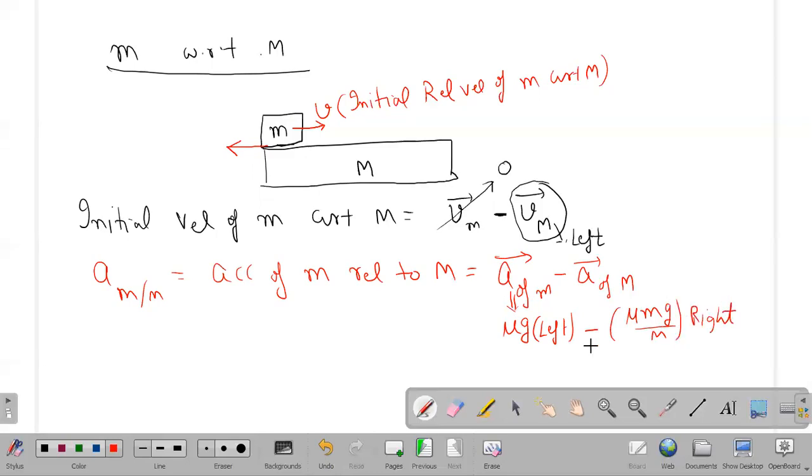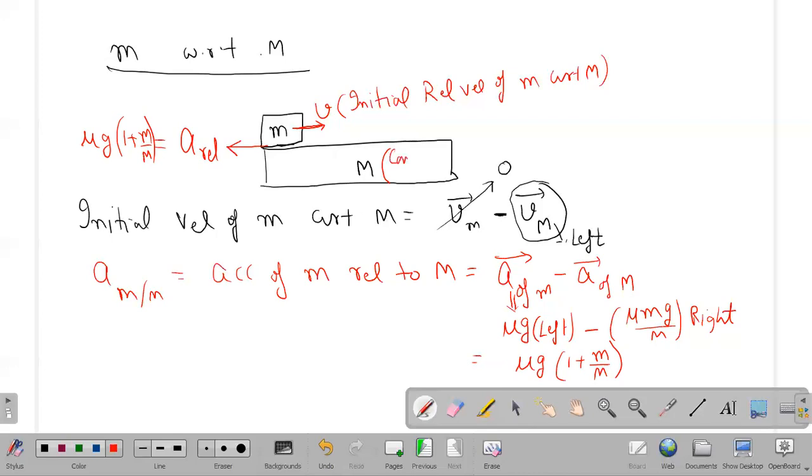If you subtract them vectorially, this equals mu into g into 1 plus small m divided by capital M. That is the relative acceleration. So the relative acceleration of small m is obtained as mu g into 1 plus small m divided by capital M. The relative initial velocity is v.